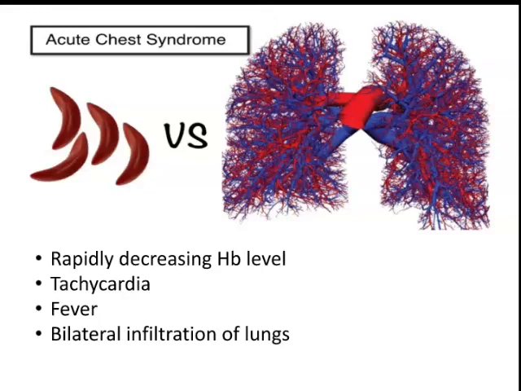All these sickle cells go and plug the lung circulation, causing a rapid decrease in hemoglobin level. The patient will have tachycardia, fever and bilateral infiltration of the lungs. Mostly sickle cell disease patients die because of this acute chest syndrome and pulmonary hypertension.